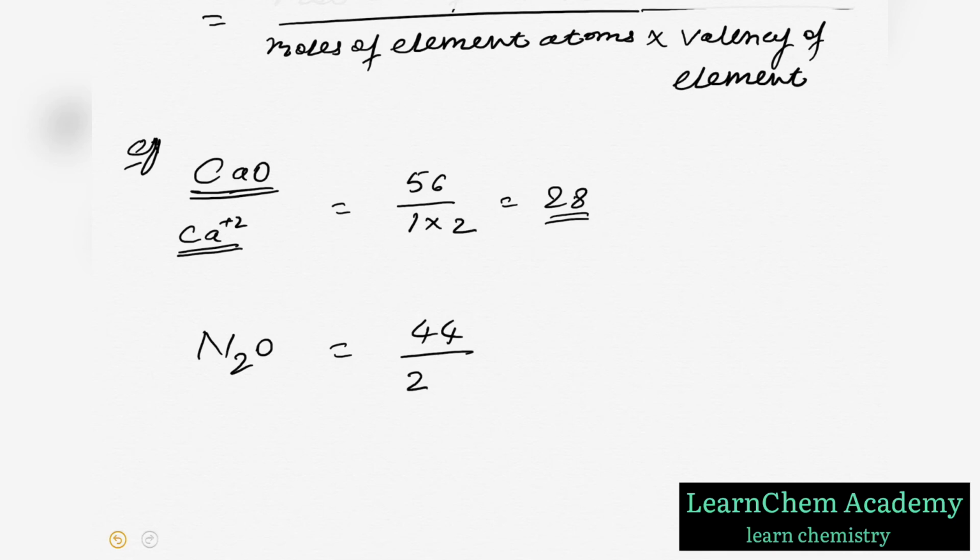Here we have 2 nitrogens in +1 state, so the valency is 1, so we will get 22 as the equivalent weight of nitrous oxide.